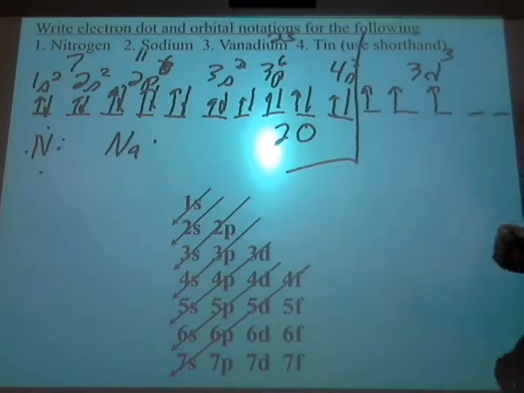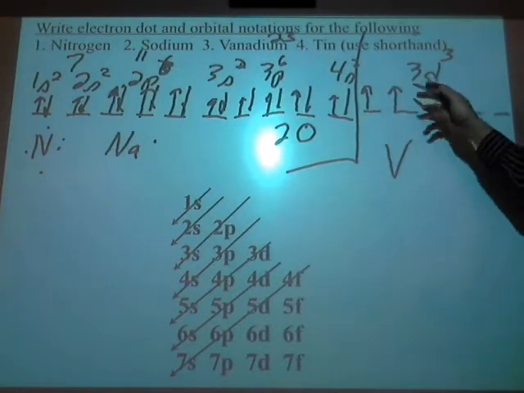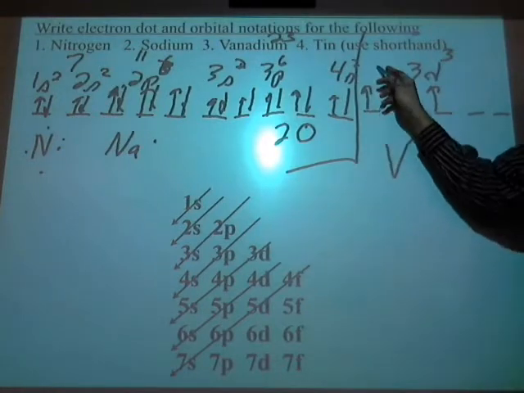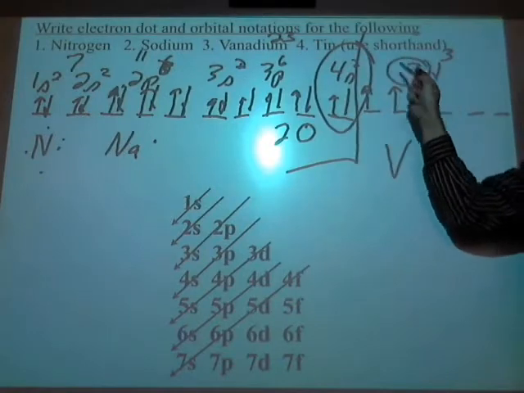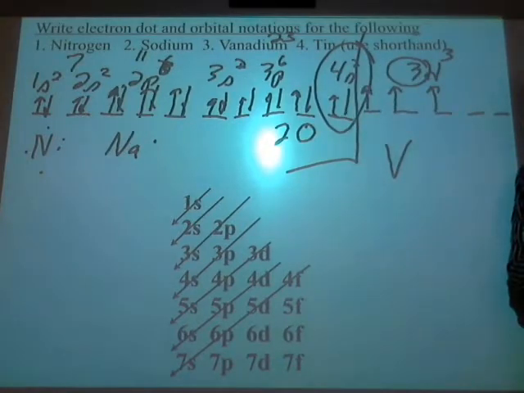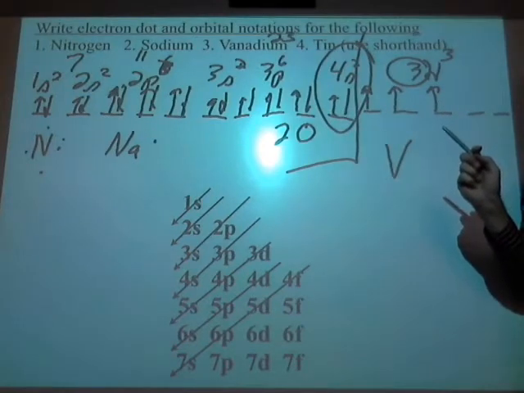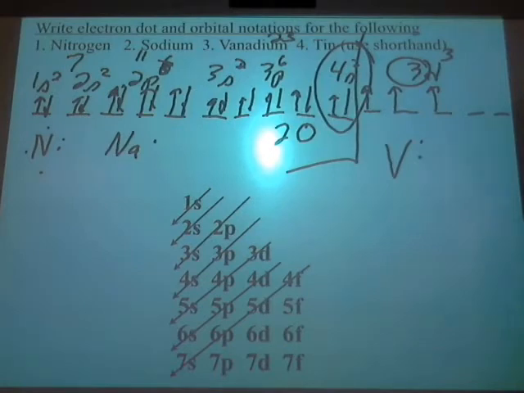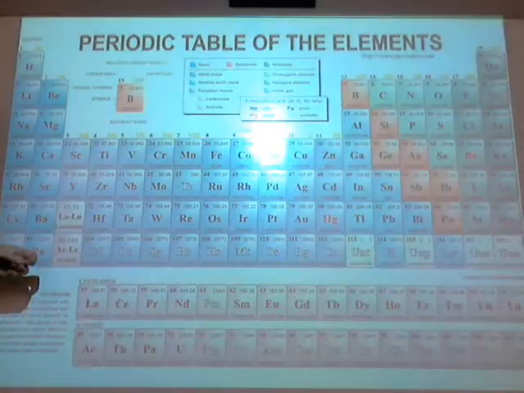Now, I wanted to point this guy out to you for another reason. His electron dot notation for vanadium is kind of weird. You might think to yourself, okay, we've got 3 there. No, his highest energy level is all you include, which happens to be that. This is a lower number than that. 3 is smaller than 4. I don't include these 3 electrons. How many dots go to the right of vanadium? Just 2. As a matter of fact, how many dots go to the right of the guy after vanadium? 2.